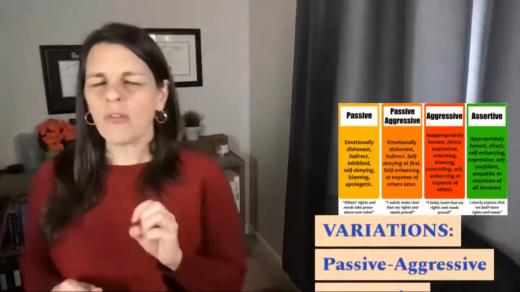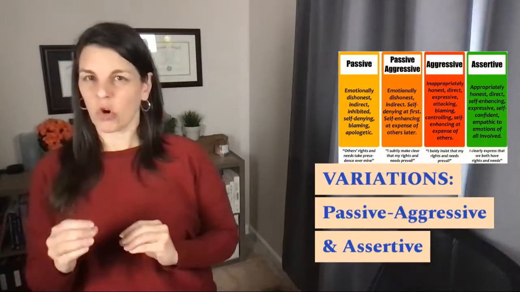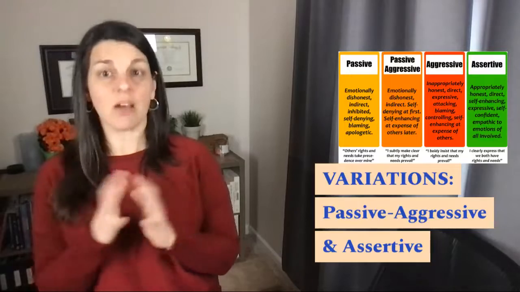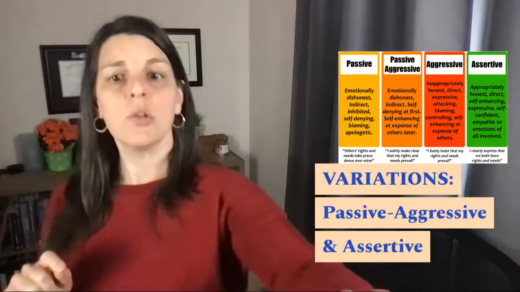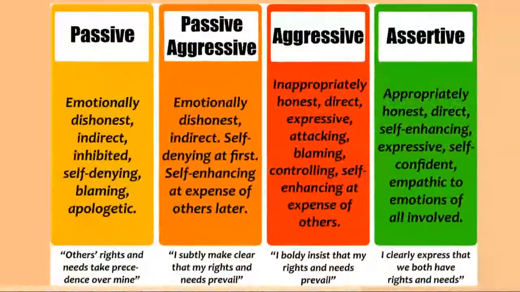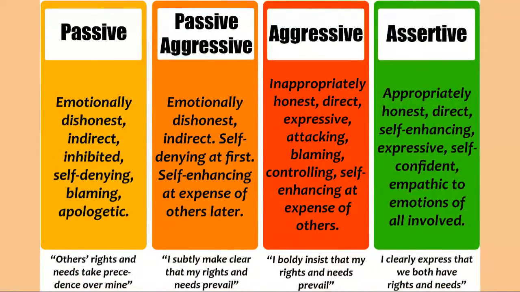Okay. So a couple of types of aggression and variants of it that are not really covered in your textbook, but I feel are important to mention. So I'm going to zoom in so you can look at this: passive aggressive and assertive. In my opinion, yes, aggression is bad, but I think passive aggression can be just as harmful.